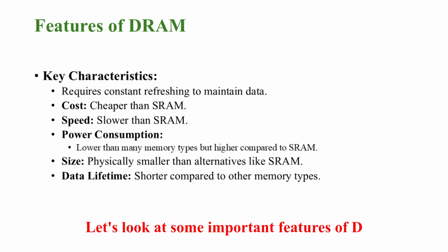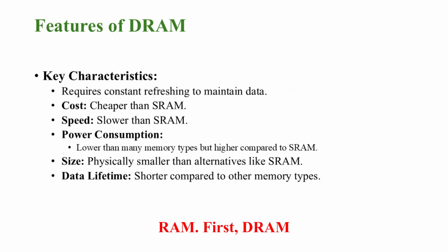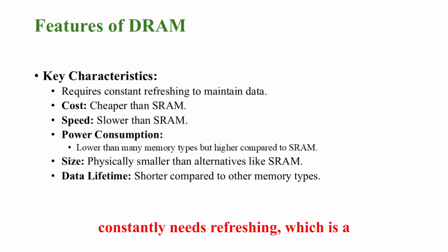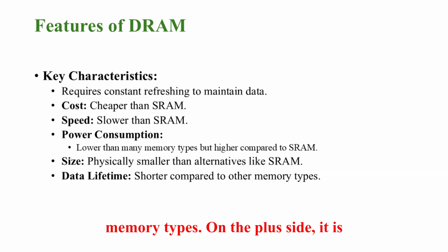Let's look at some important features of DRAM. First, DRAM constantly needs refreshing, which is a unique requirement compared to other memory types. On the plus side, it is cheaper than SRAM, making it a cost-effective choice. However, it's also slower than SRAM in terms of speed.